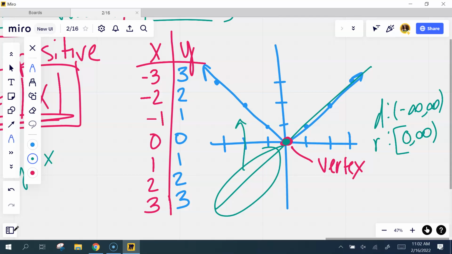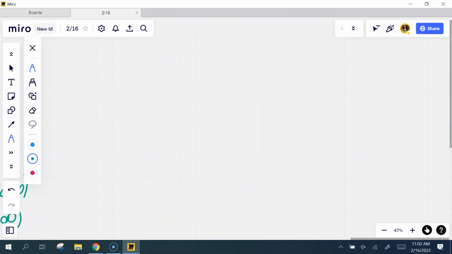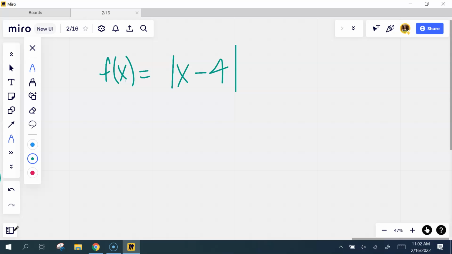What happens if my vertex is not 0, 0? If I have an equation that looks something like this, this is number 1, the first thing I want to do is find the vertex.